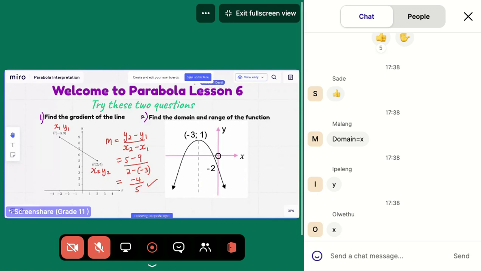It refers to X. Okay, that's what you're saying. Yes, that's correct. Domain is X, range is Y, right?